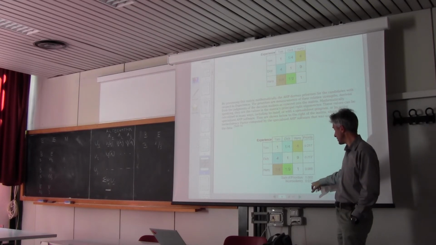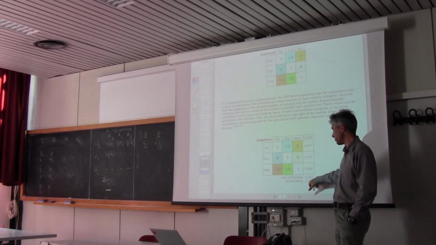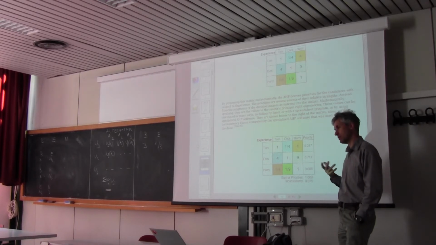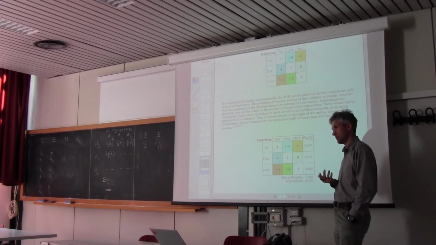I anticipate to you that if this coefficient is less than 0.1, the inconsistency can be tolerated. Because if your evaluation is highly inconsistent, then of course it cannot be tolerated. But if the inconsistency is small, you can tolerate it.